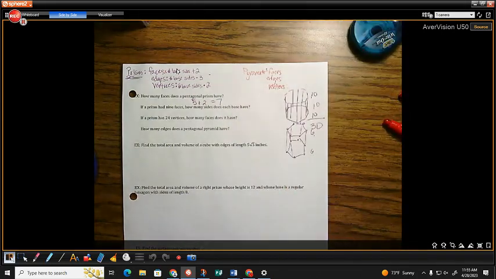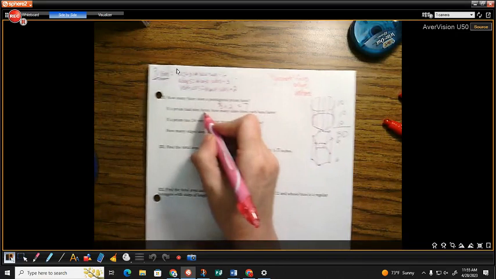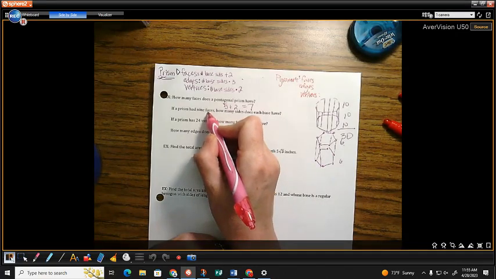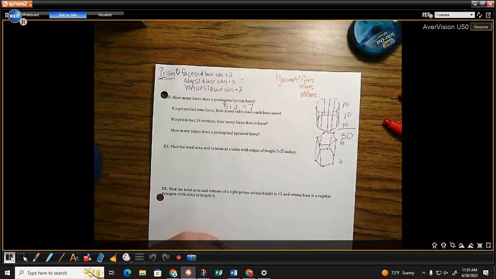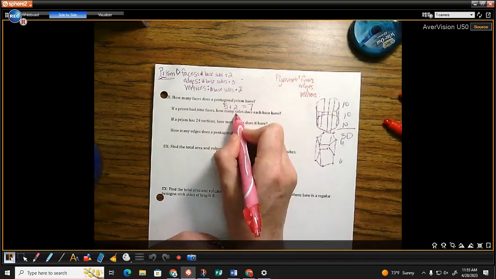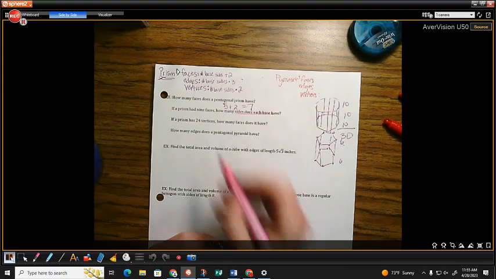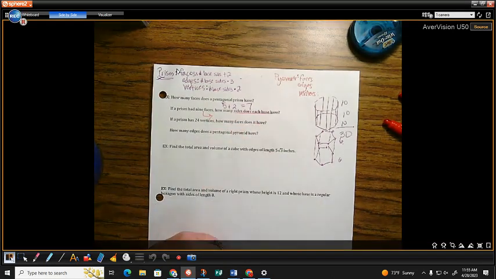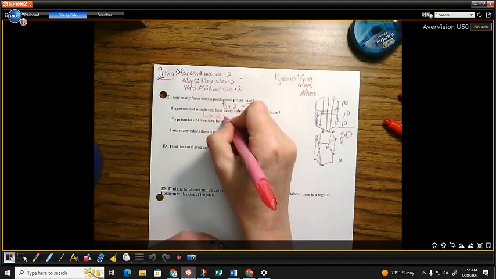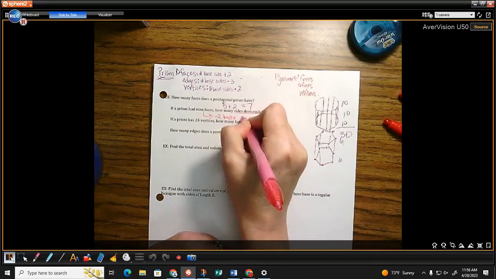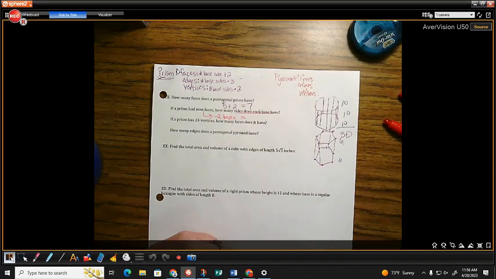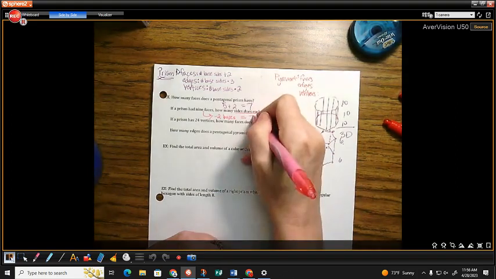And so the kind of problems you're going to see with these is, okay, if I tell you a prism had 9 faces, can you work backward and figure out how many sides are on the base? Yes. Okay, how would I work backward? If a prism has 9 total faces, what can I do to figure out the number of sides? Let's take off the 2 bases. That will give me how many lateral sides? 7 lateral sides.